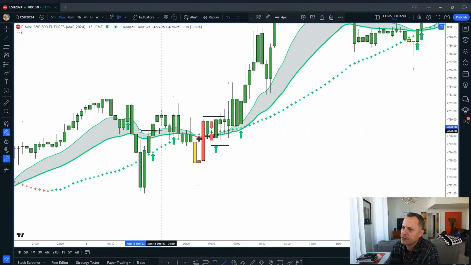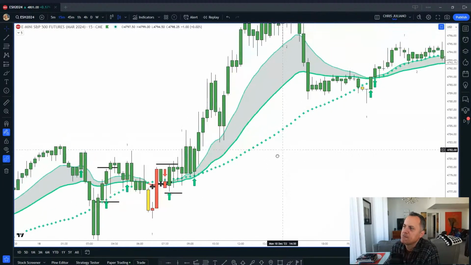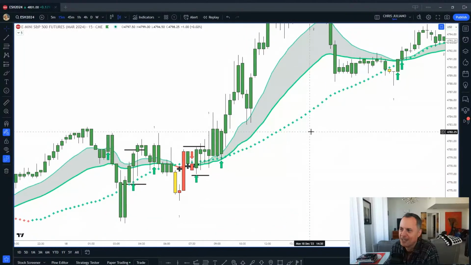We would put the entry there, and we would put our stop loss right underneath that candle. It gets into the trade, then slowly pulls all the way back, breaks through that candle, and then makes this massive move to the upside, right?